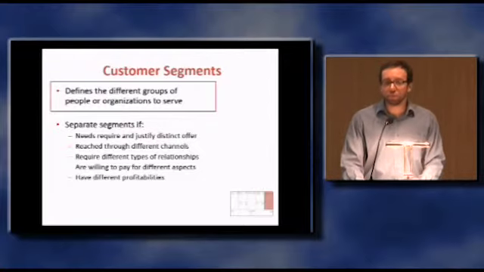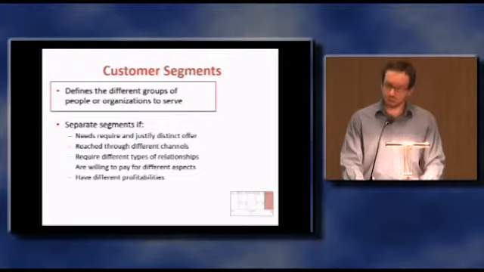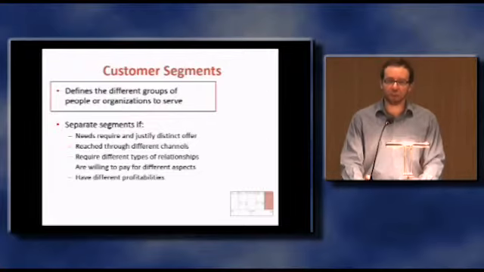So this could be referring to a segmented market, or maybe even a diversified market with multiple unrelated customer segments, or multi-sided markets. So, in these cases, you have to put multiple or all the different types of customers your business is serving in bullet points in this building block.